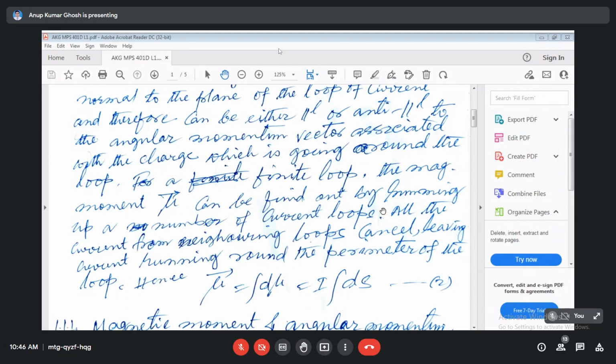Now, if you consider the smaller ones, for all the loops the direction will be the parent one's. The parent one we have considered to be clockwise, so every loop which is connected will flow in the clockwise direction.